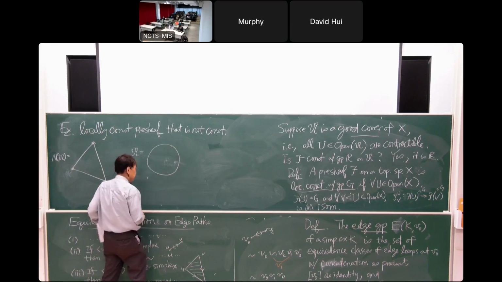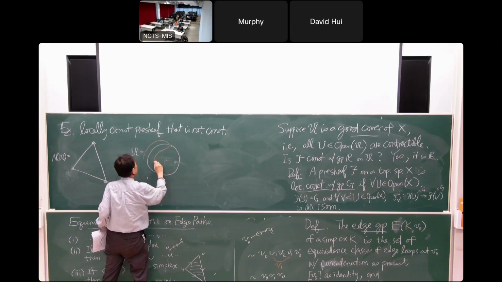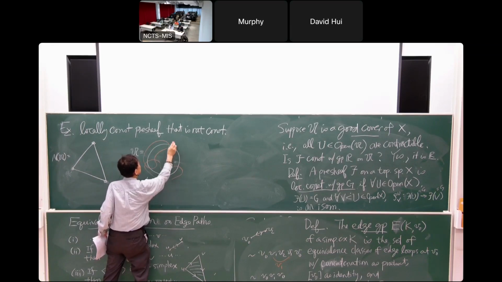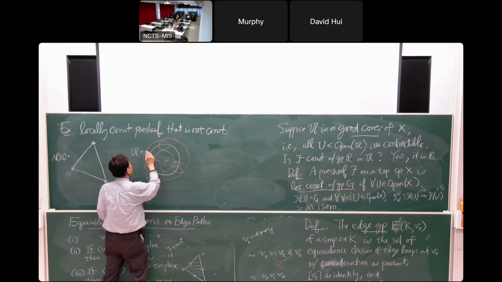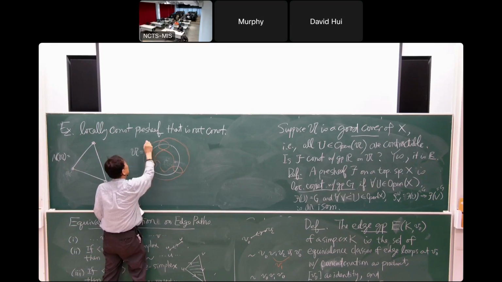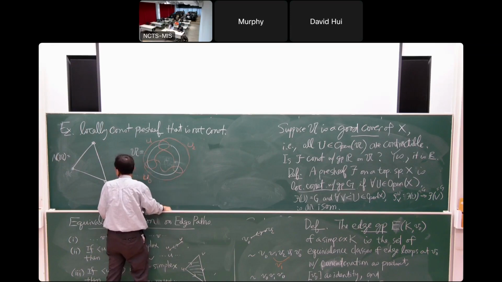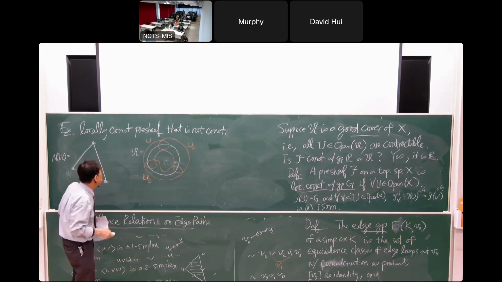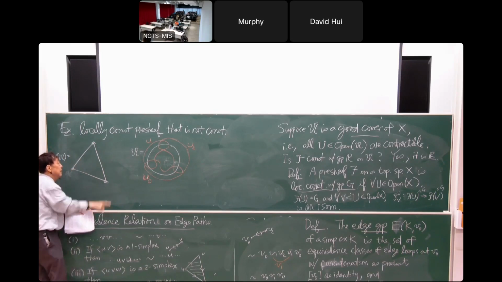So let's say you have a circle and then you have a good cover. Okay. So U0, U1, U2, and this is the nerve, right?